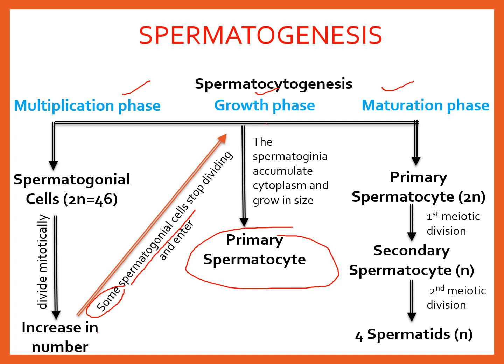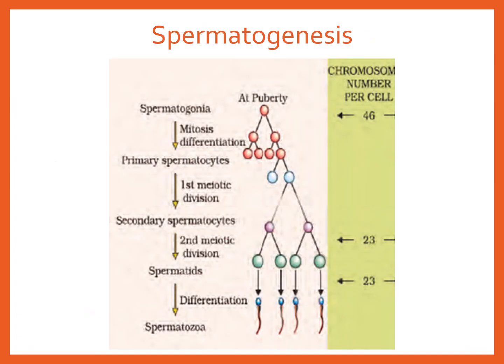Here, the primary spermatocyte, which is still diploid, undergoes the first meiotic division, which is a reductional division, to form the secondary spermatocyte, which is now a haploid cell. The secondary spermatocyte undergoes a second meiotic division, which is an equational division. Here, the number of chromosomes is not going to change.